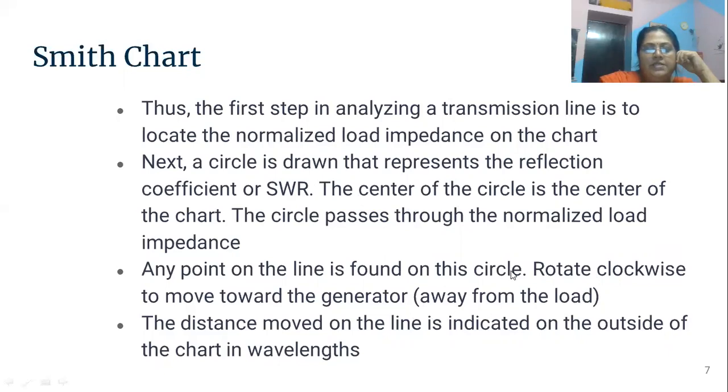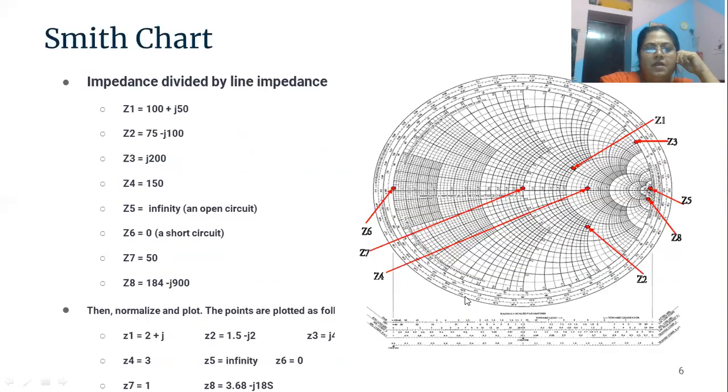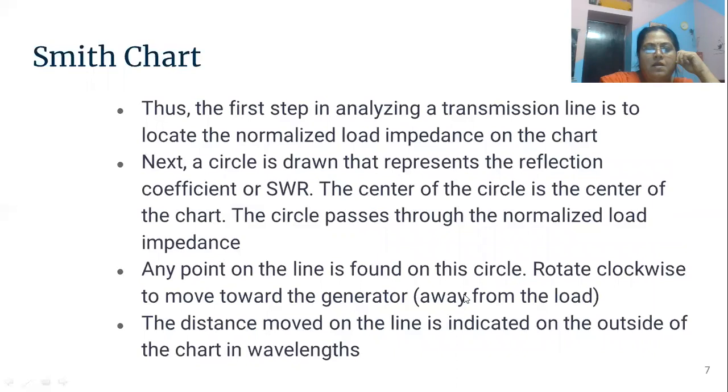Rotate clockwise to move towards the generator, away from the load. The distance moved on the line is indicated on the outside of the chart in wavelengths. So in this way, we can analyze the transmission line on the Smith chart.